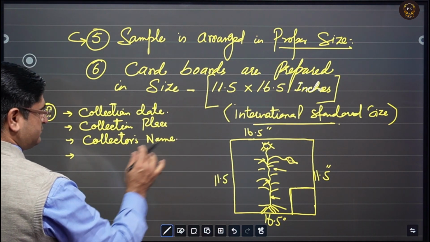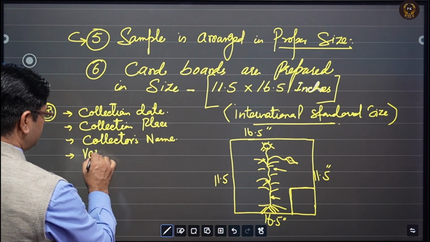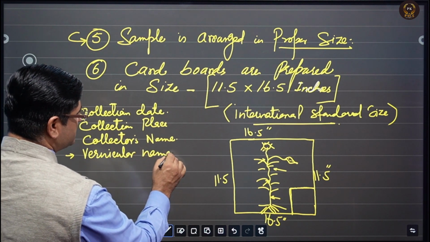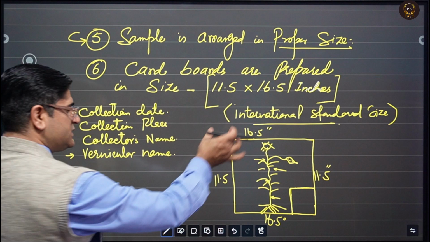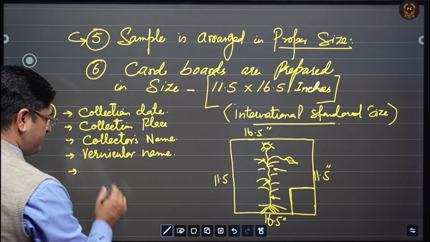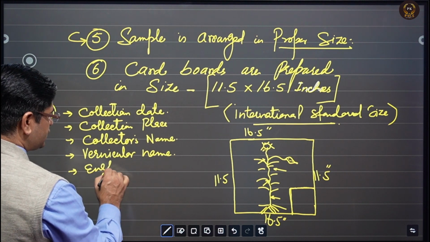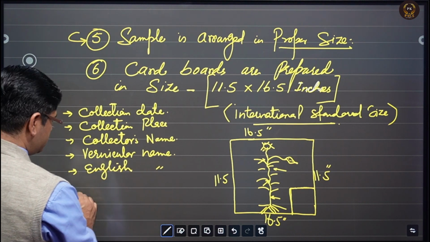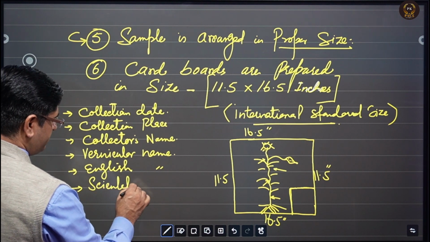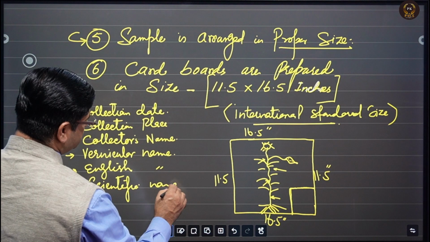Then the plant's vernacular name. Vernacular name means local name. What is its species' local name over there, from where it has been collected. Then its English name, then its scientific name.